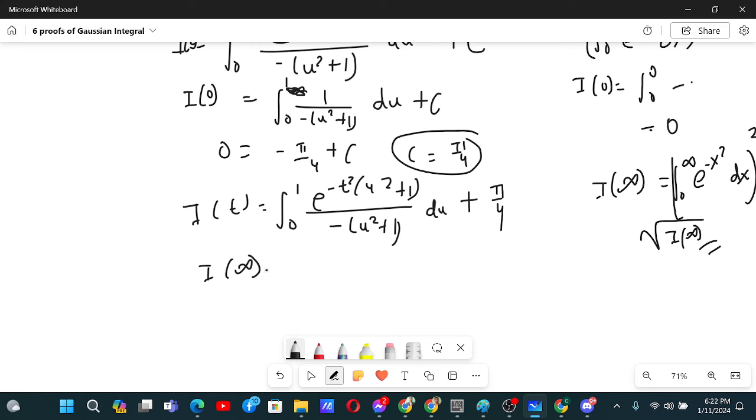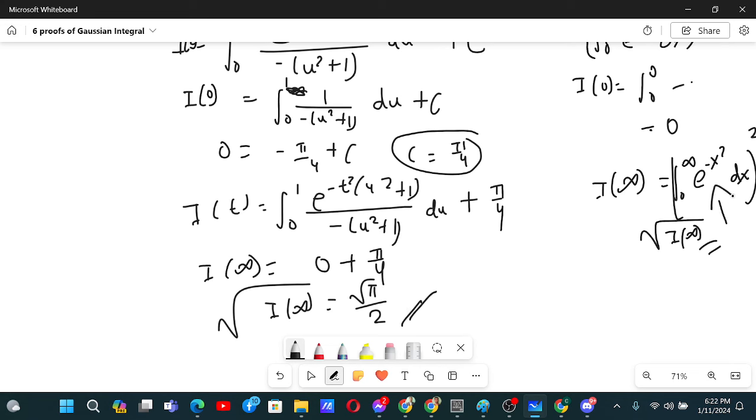If we want to find I of infinity, as t goes to infinity, e to the power minus infinity will be 0, so the whole integral goes to 0 plus pi by 4. Now I of infinity is pi by 4, the root of I of infinity is root pi by 2, which is the answer, since the root of this integral is the required integral.